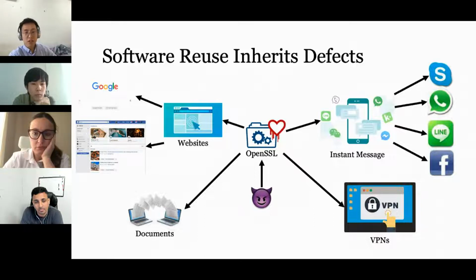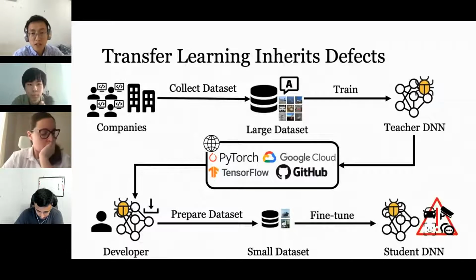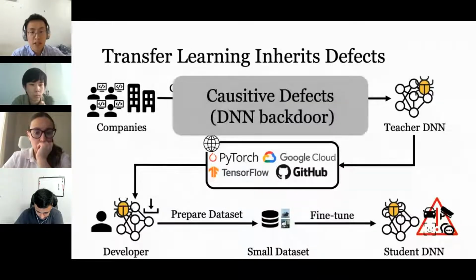Similar to traditional software reuse, transfer learning may also inherit defects. The teacher may inevitably contain some errors, thus the fine-tuned student model may inherit similar defects. So we summarize two major defects: causative defects, such as the DNN backdoor, and exploratory defects, such as adversarial vulnerabilities.